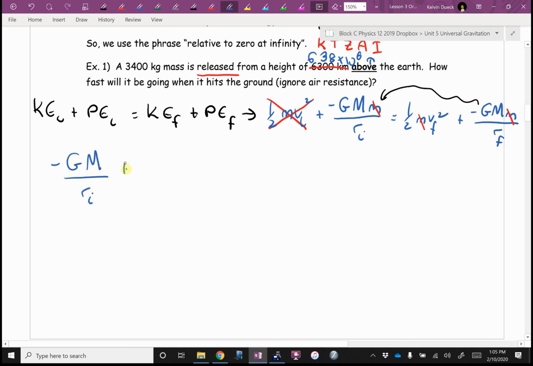But then there's going to be a plus big G, big M over R final. That equals VF squared over 2, or a half VF squared, or 0.5 VF squared. James, however the heck you want to write it, I don't care.